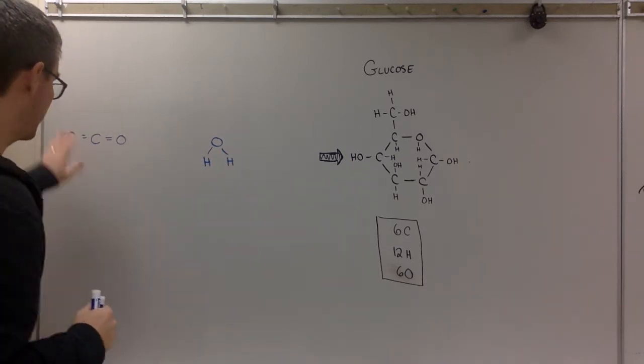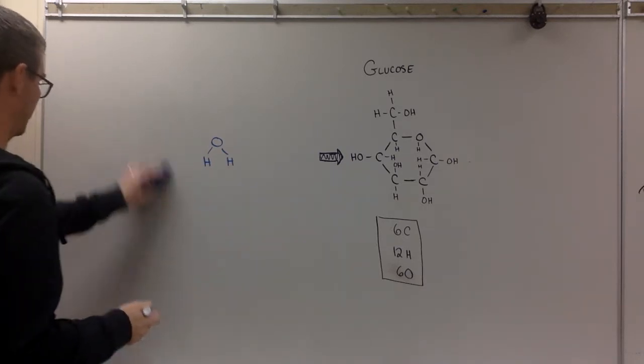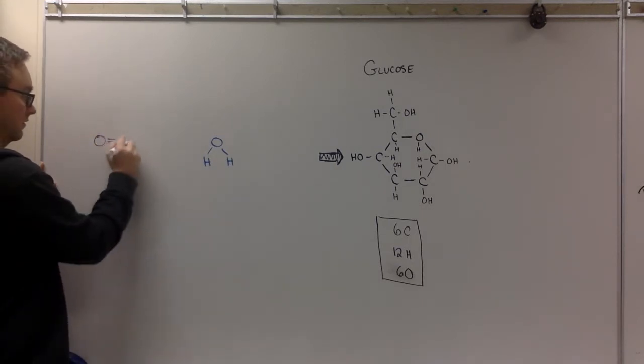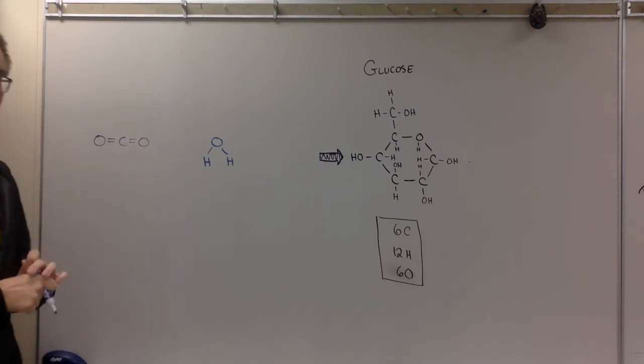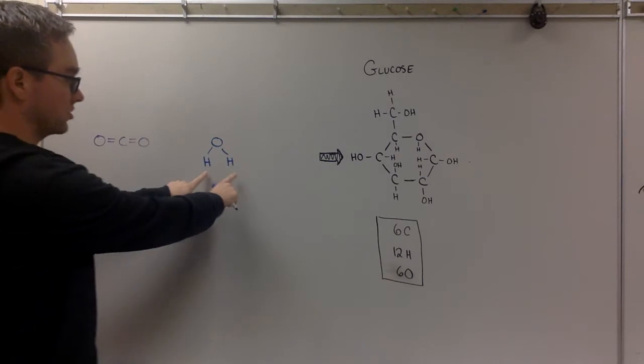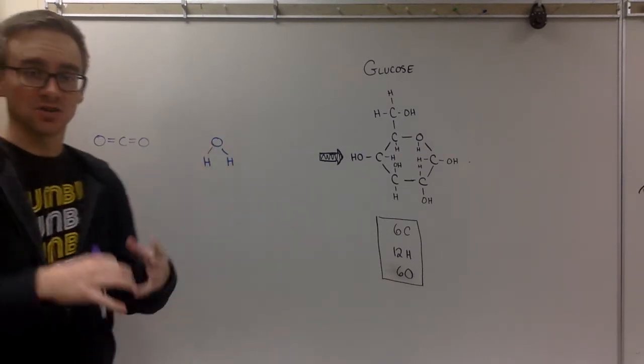So we have our carbon dioxide and water. From these 2 molecules, I have the carbons I need, the hydrogens I need, and both of them give me the oxygens I need.